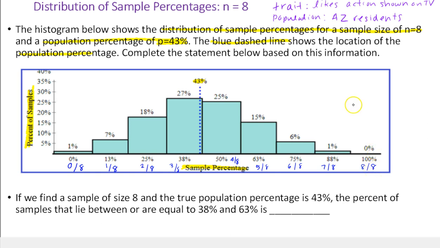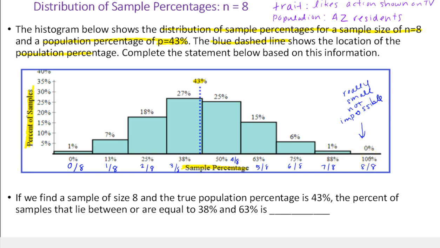This is rounded, so I just want you to note that this is really small, enough that we'd round it to 0% instead of 1%, but it is not impossible. It's completely possible that you can pick 8 people and every single person in your sample says they like action shows on TV. So again, this is the result of rounding.